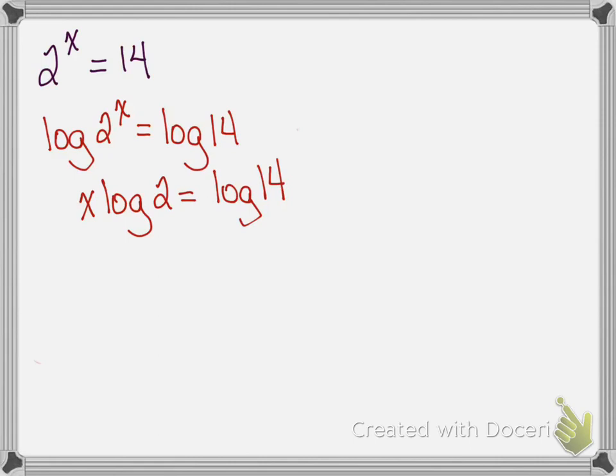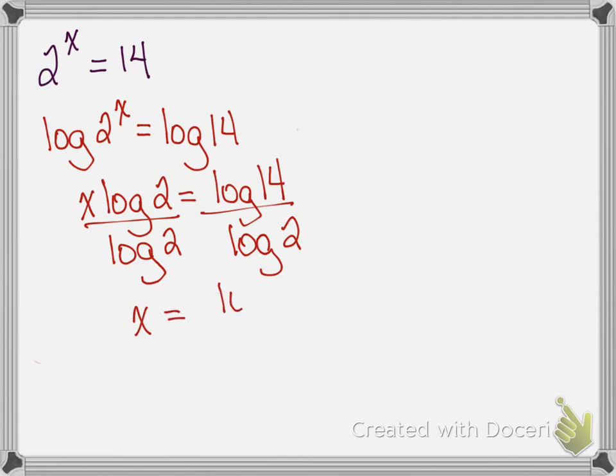The operation that is happening in between that x and that log of 2 is multiplication. So how do I get rid of log of 2? Divide. Good. That's exactly right. So my answer is x equals log of 14 over log of 2.